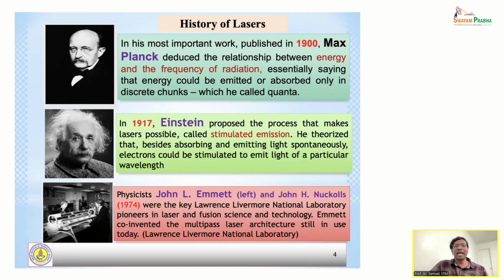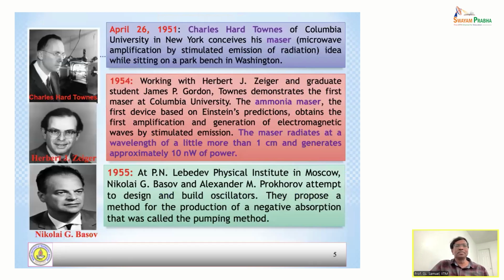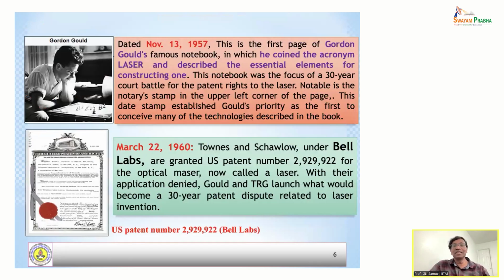Right from Max Planck to Einstein, then John E. Emmett, all these people said that emission of this kind was possible. Later Townes and other people worked on it, and finally lasers were invented. Initially, when lasers were invented, they thought it was an interesting phenomenon where you can emit radiation, but they didn't think there was any application.